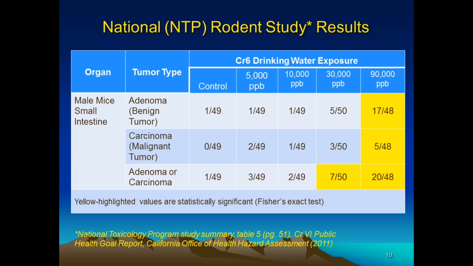And this new data EPA is looking at evaluates this. How did these rodents get the tumor? It's called the mode of action. So that's what this new data does, and there are some very good scientists that believe that there was a threshold. And when you overwhelmed the rodent's ability to convert chromium-6 to chromium-3 with these high concentrations, chromium-6 passed through the stomach and into the small intestine where the absorption was taking place.